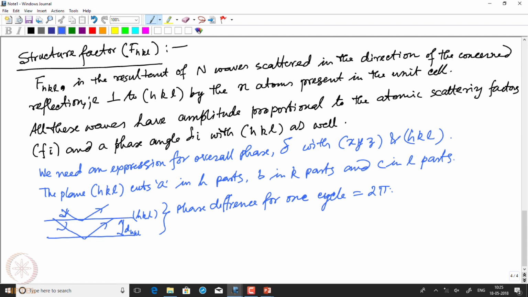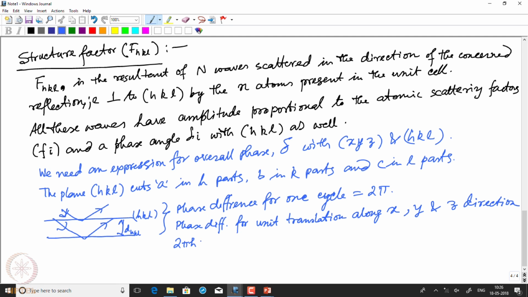So the phase difference for unit translation along x, y and z direction would be equal to 2 pi h, 2 pi k and 2 pi l.